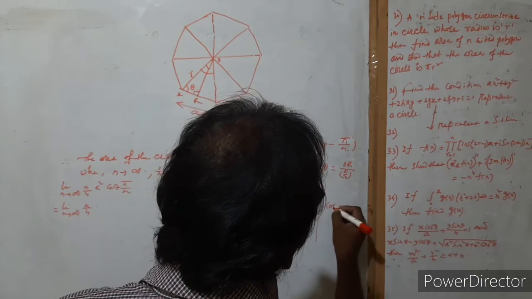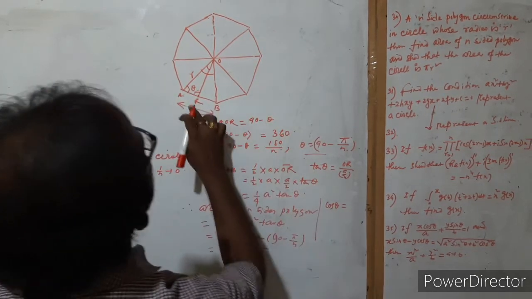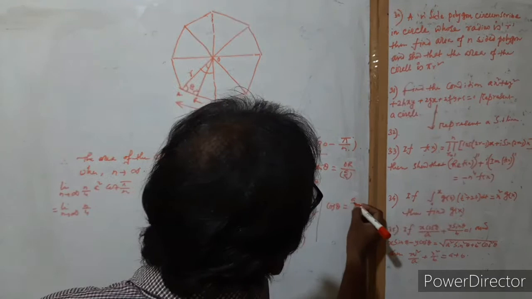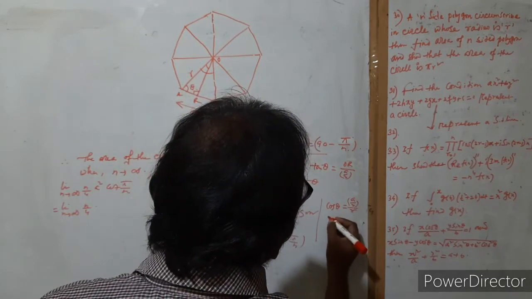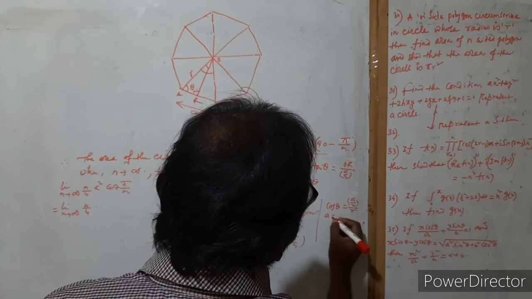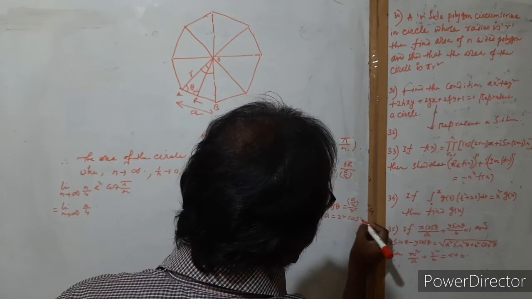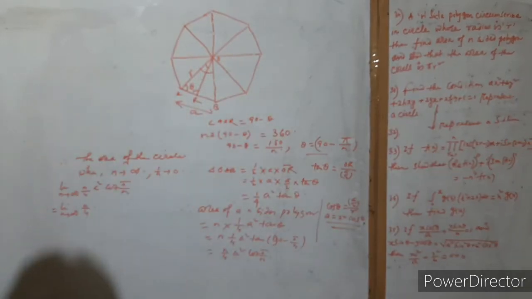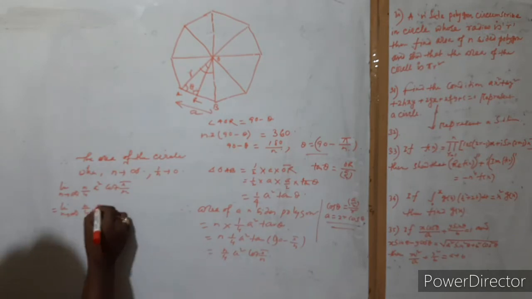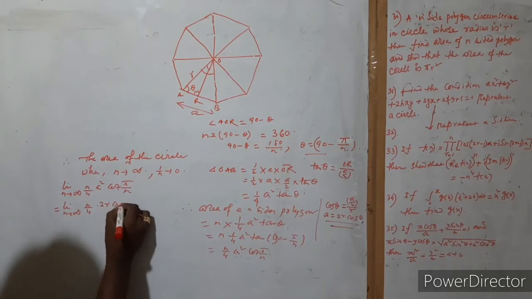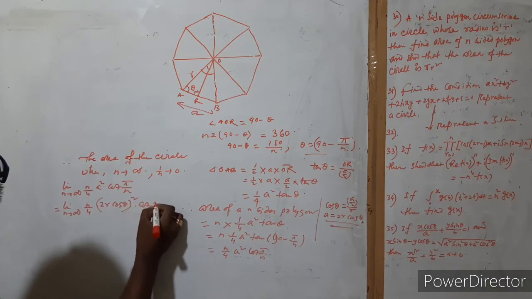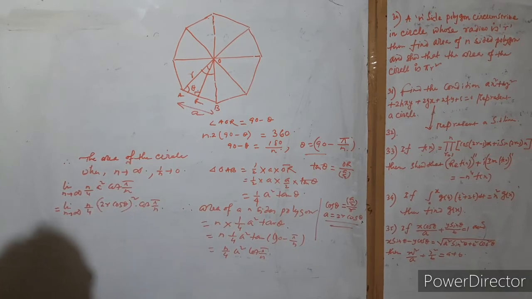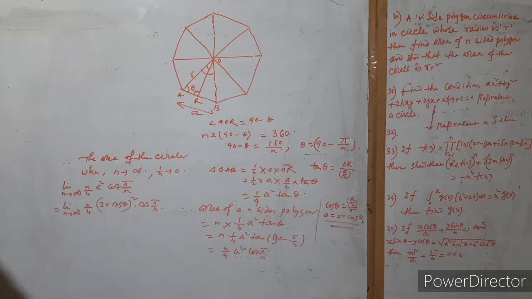So cos theta is equal to A by 2 by R, so A is equal to 2R cos theta. So 2R cos theta whole square, and this is cot pi by n.